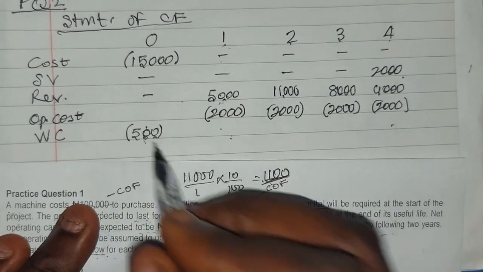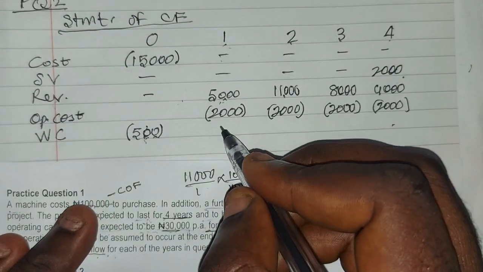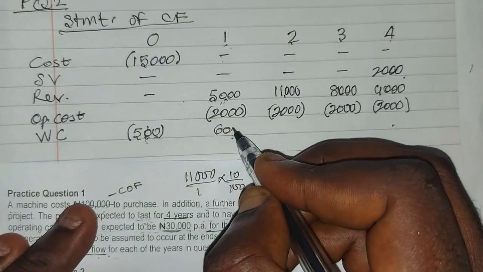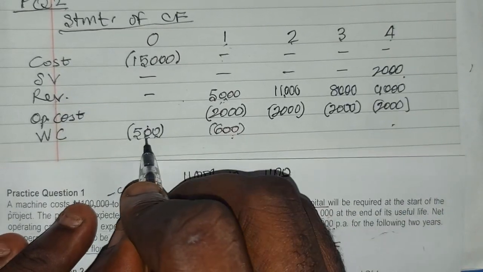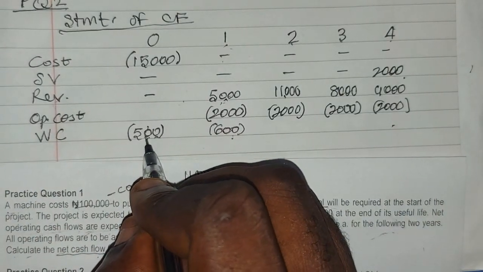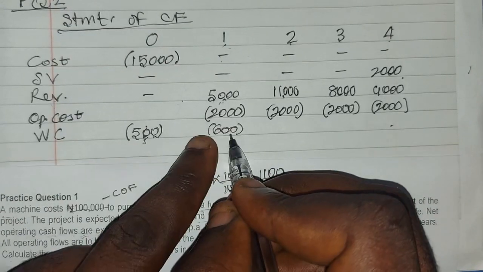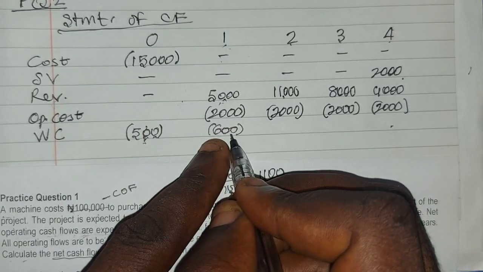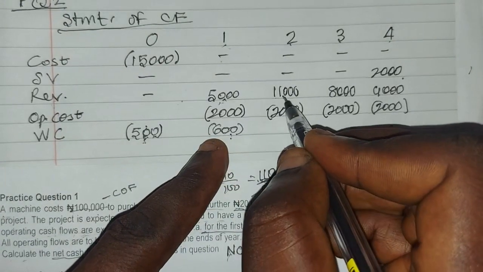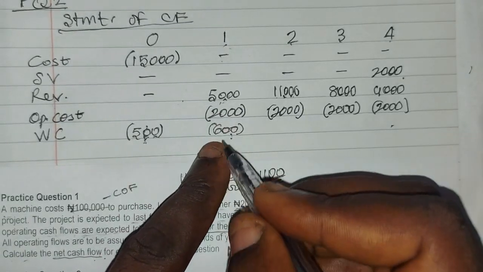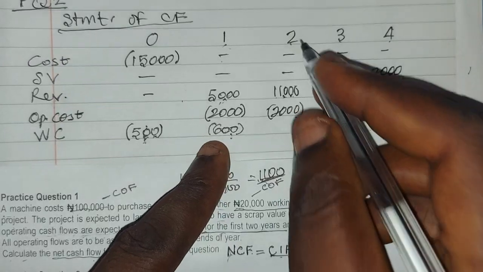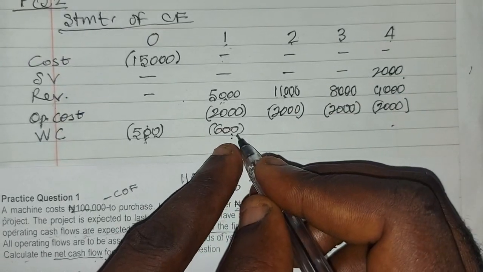So when you remove the 500, what we need here is 600. So 600 plus the 500 that has been invested before, added together, will be 1,100, which is 10% of the revenue. That is what is needed for the second year.